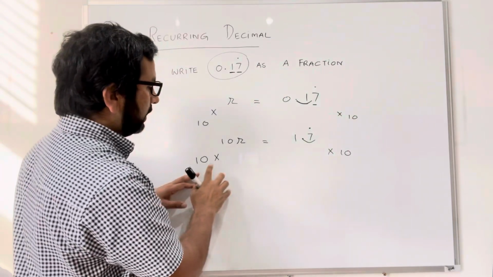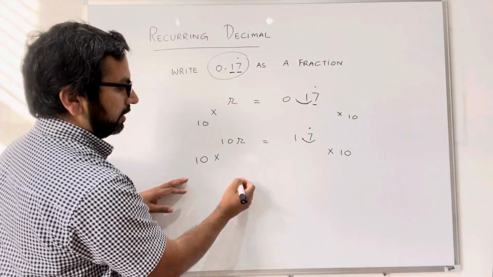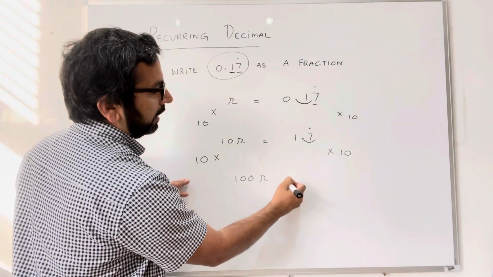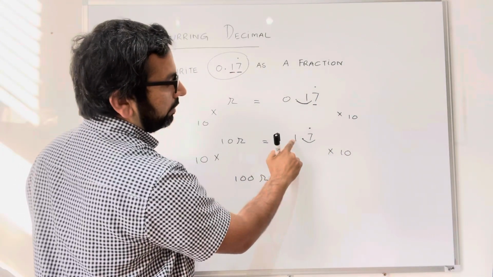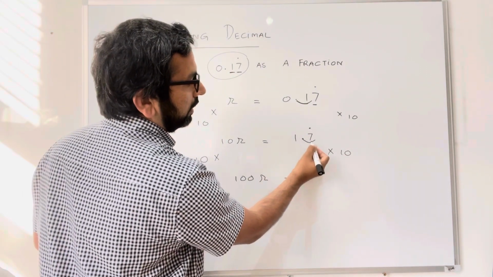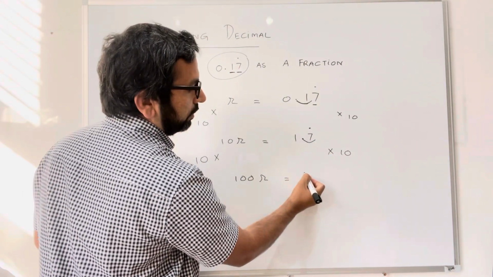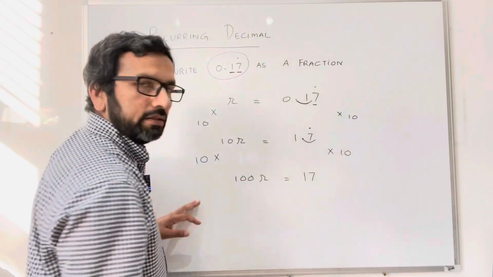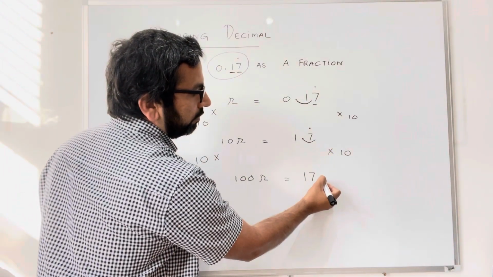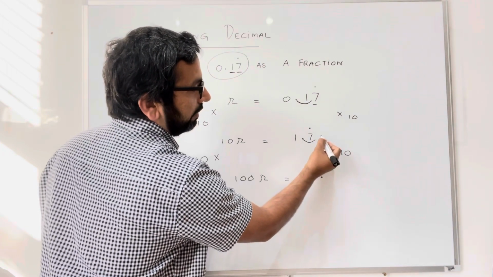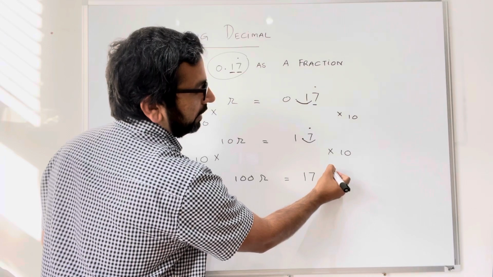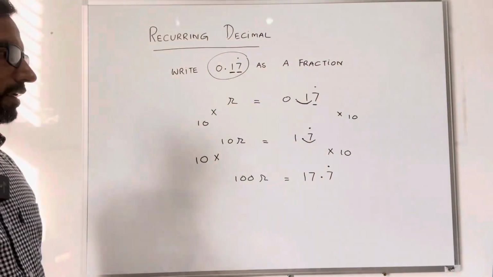So when you multiply 10 times 10, it's gonna be 100R, and when you multiply 1.7 times 10, it will change into 17, but the decimal will move after 7, and because 7 is gonna repeat itself, we will have another repeating 7 on that side.